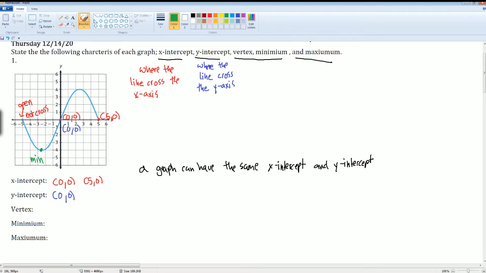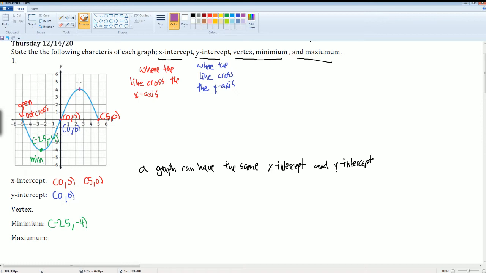Oh, it looks like it's in between. Looks like it's at negative 2.5, comma, what is your y? Negative 4. So it looks like your minimum is at negative 2.5, comma, negative 4. Right there at green.